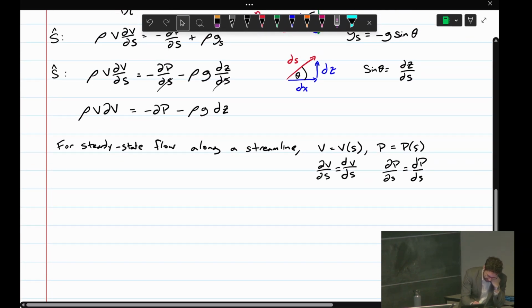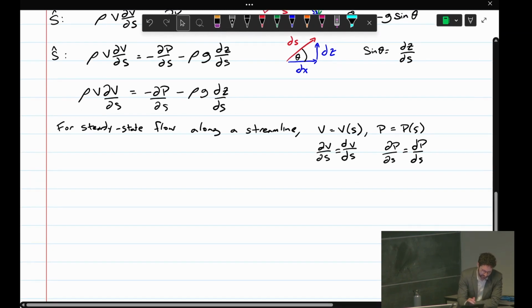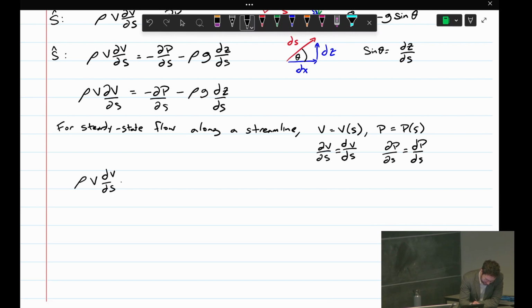So maybe I canceled these partial s's too soon here. Okay, so we have rho v dv by ds is negative dp by ds minus rho g dz by ds.